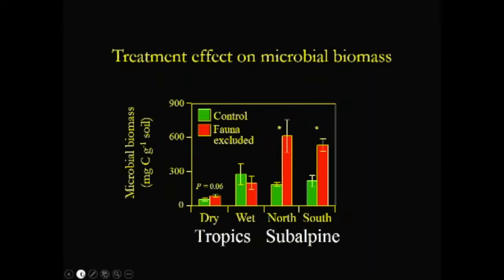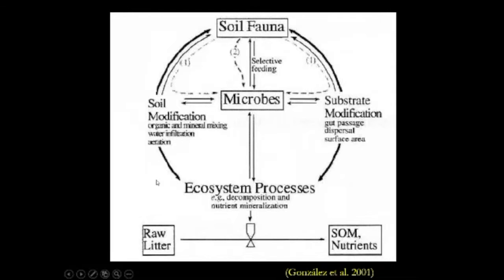And that's why I present this graph, where the soil fauna can affect ecosystem processes, decomposition and nutrient mineralization, through the modification of the soil and the substrate environment.